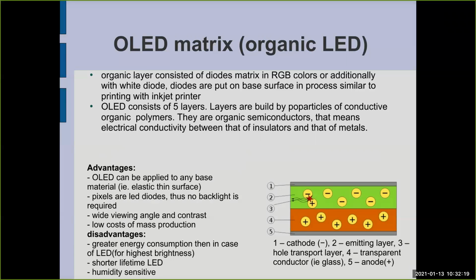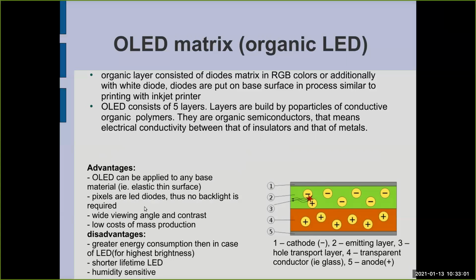So how does it work? In this case, we don't have a polarizer, we don't have a crystal layer, but we have two conductive layers, cathode and anode. And between them, we have a semiconductor layer, but it is not based on silicon, but on an organic surface. So in fact, we are able to print this surface using a special ink printer.